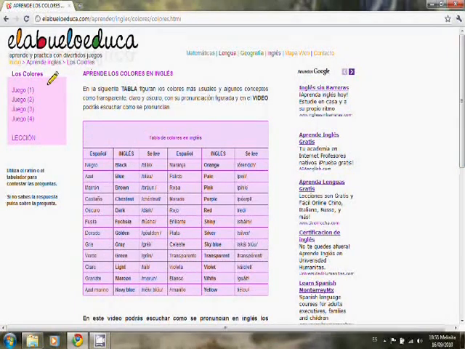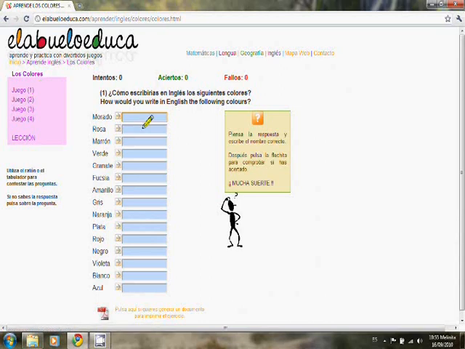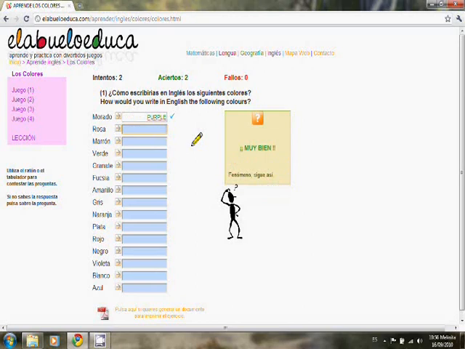On the left side of the page we have the games. How would you write in English the following colors? So we type what we think it is, and here it will tell us if it's right or if it's wrong. Let's say that we get this one wrong, and it tells us that it's not okay.